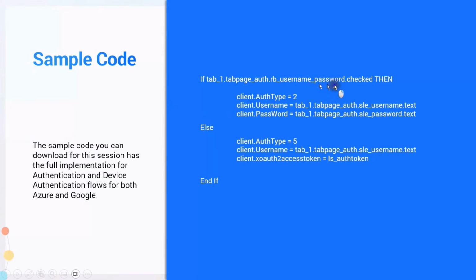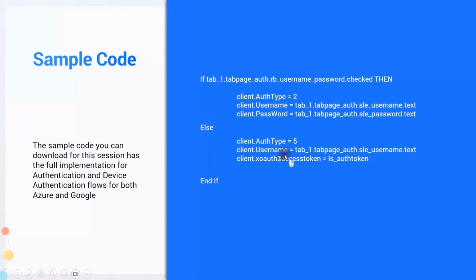If you do username password, what we're going to put on the client is an auth type of 2, which means username password. We'll set the username as the email address that we're sending the email from, and then you go ahead and use the password. However, if we're doing OAuth, we're going to set the auth type to 5. That means we're doing OAuth.